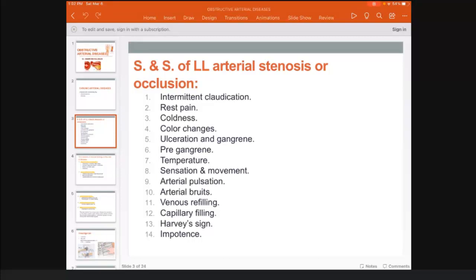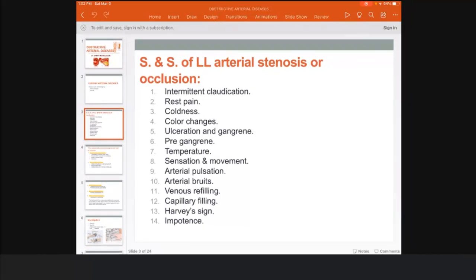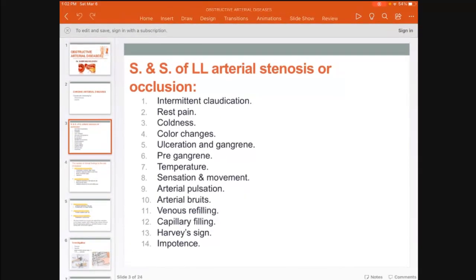There are two things you should keep in mind about intermittent claudication. First, you should discuss the distance that the patient can walk before the pain starts. Maybe 1 block or 2 blocks, and the time to relieve that pain.